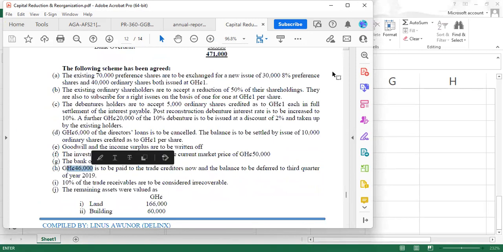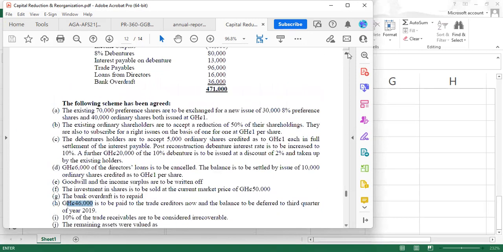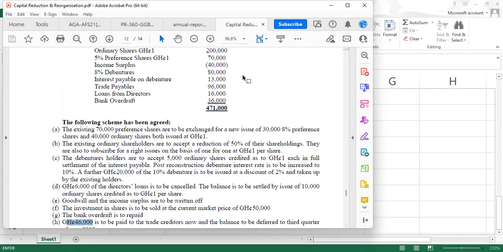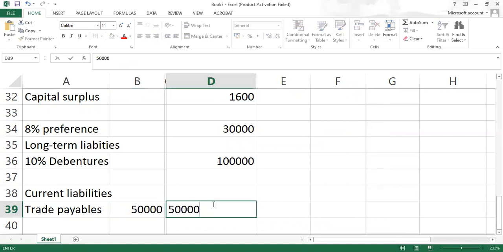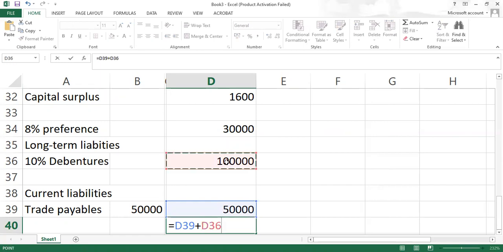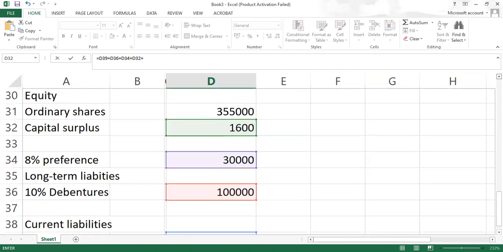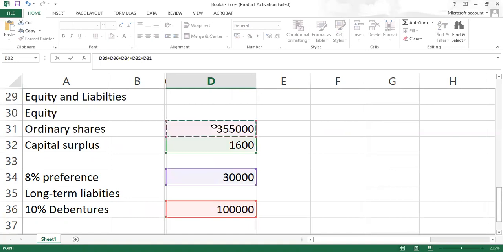So how much will be left for the trade payables? 50,000. Okay, so trade payables will now be 50,000. Let's total all and see. This plus this plus this plus this plus this.